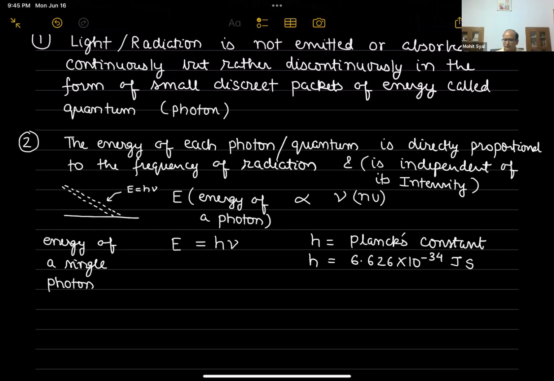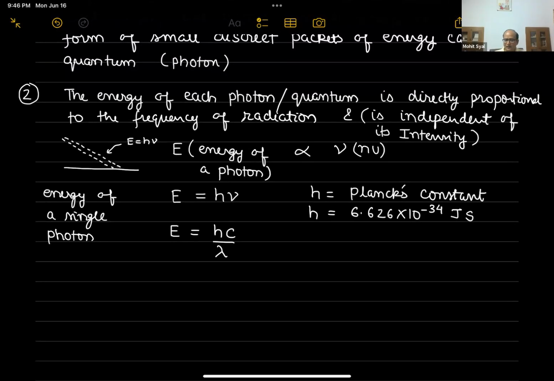Is it clear? So the energy of a single photon, if the frequency of the light is not given, you can put c by lambda. Got it? Is it clear?